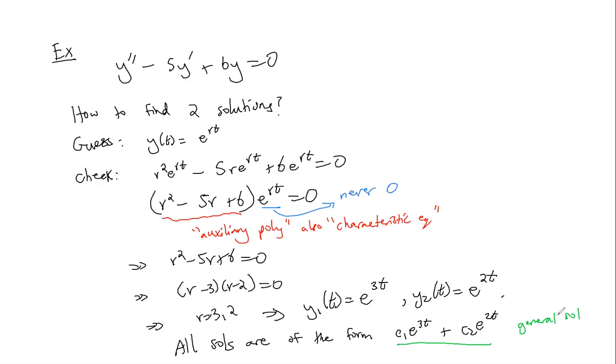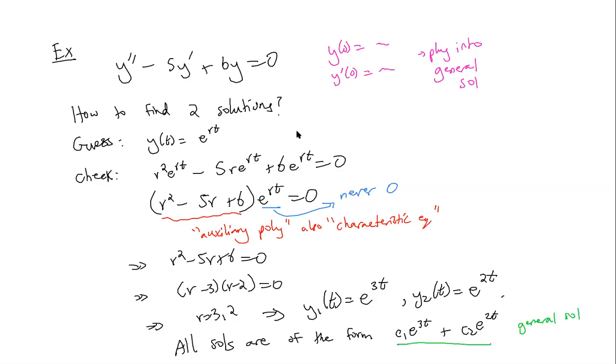And if you want a particular solution, if I also give you some initial values, y of 0 equals something and y prime of 0 equals something (it doesn't have to be 0, it could be any number), then you can plug it in here and figure out what these constants need to be. Whatever you figure out is your particular solution to the initial value problem. So it's actually not too hard to solve these. You basically just reduce it down to finding roots of this characteristic equation, or auxiliary polynomial.